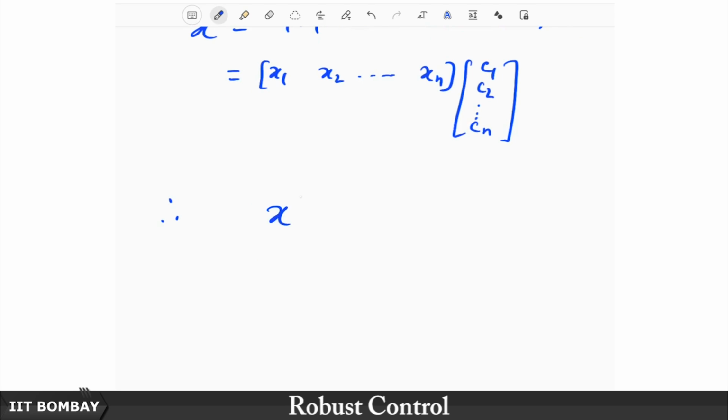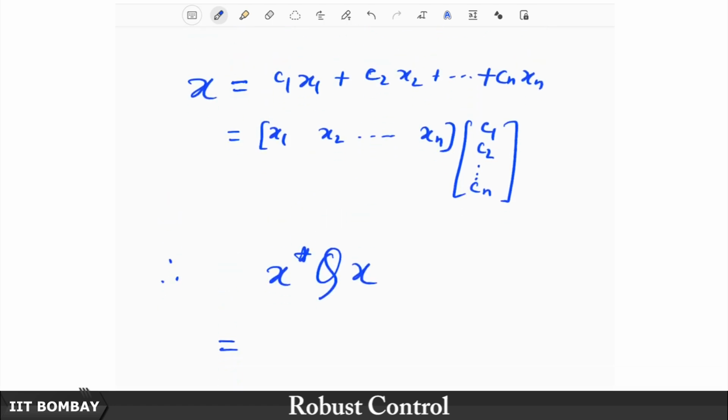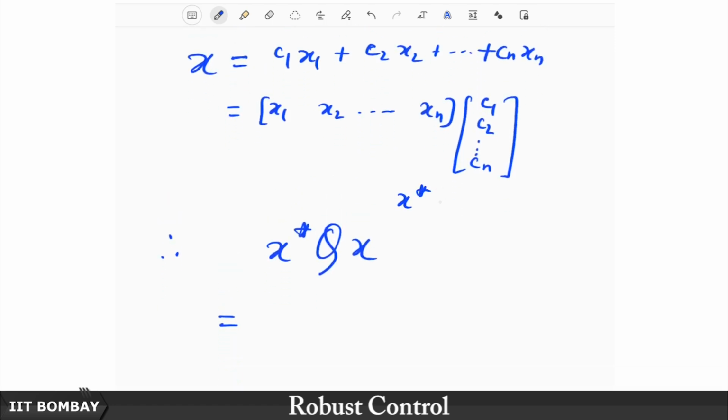Therefore, x star Qx is going to be nothing but, you see, what is this x star? Let me just make a footnote of this. So, this is going to be nothing but C1 conjugate dot dot dot till Cn conjugate, written in the row form. The order of multiplication gets reversed, as I have already explained.